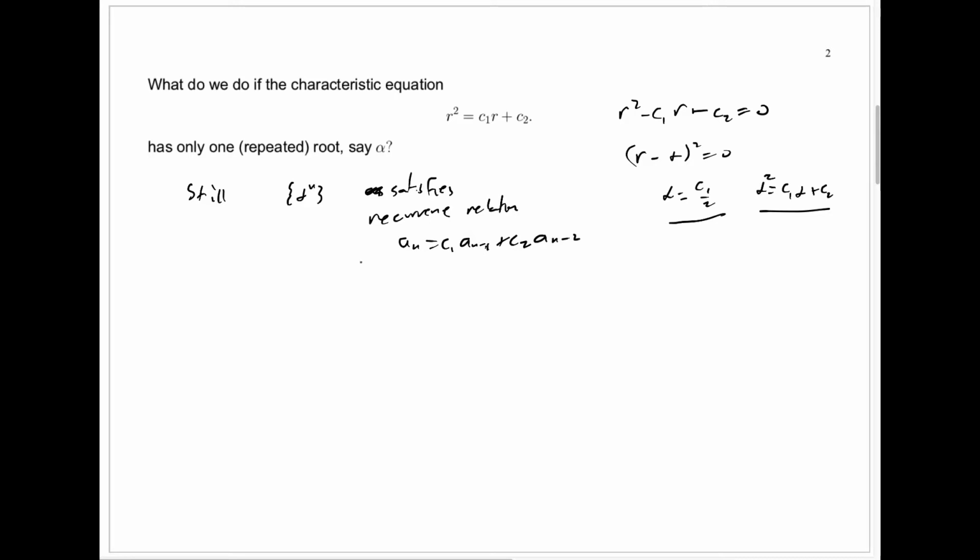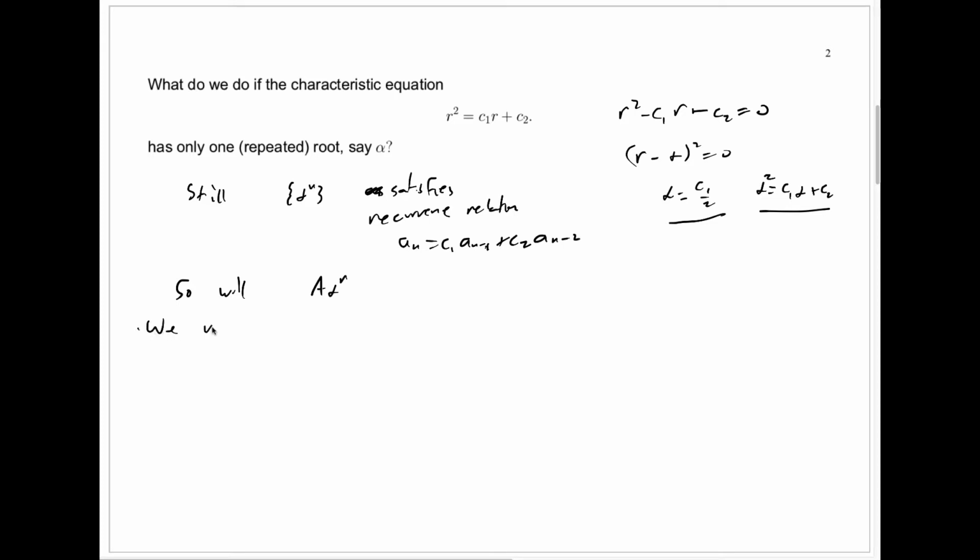But it's not enough to have just one sequence satisfying the recurrence relation, because not only will that sequence satisfy it, but also any multiple of that, in other words, a times alpha to the n, will also satisfy the recurrence relation. But in general, just picking the correct value for a will not allow us to match the first two terms correctly.